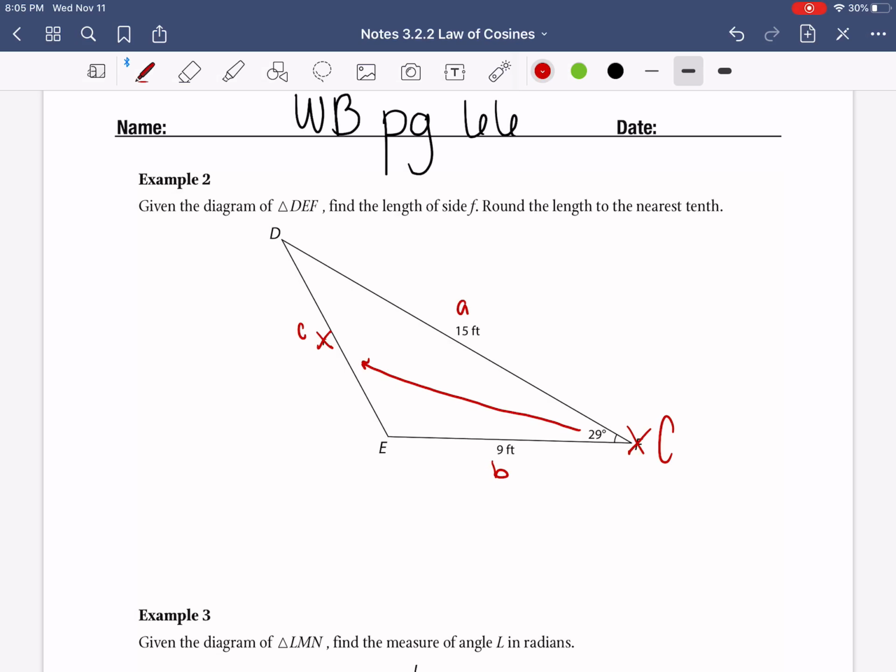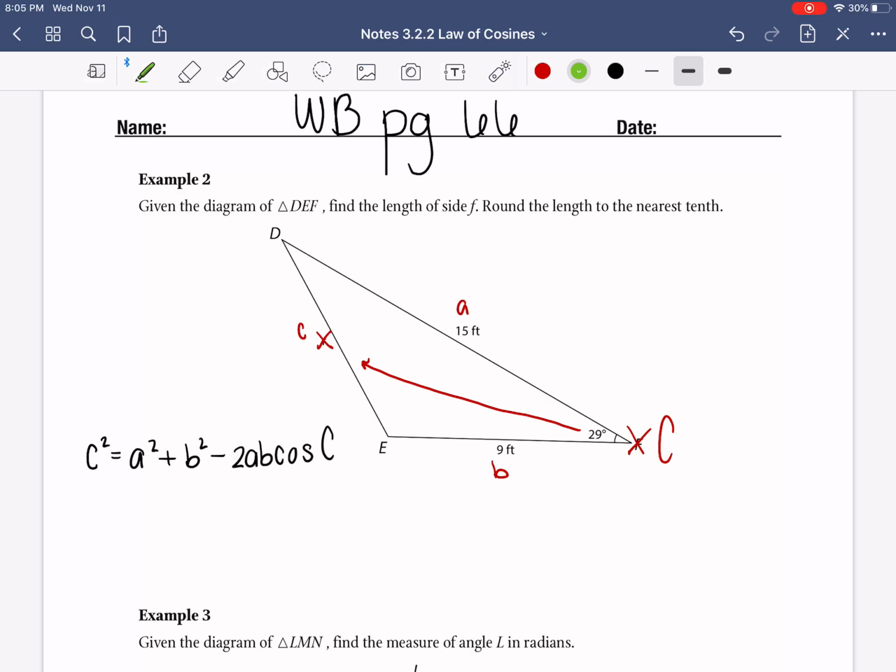So we're going to write out the formula as a reminder. Little c squared equals little a squared plus little b squared, that's the Pythagorean theorem, minus 2ab cosine capital C. So we need to memorize this formula.